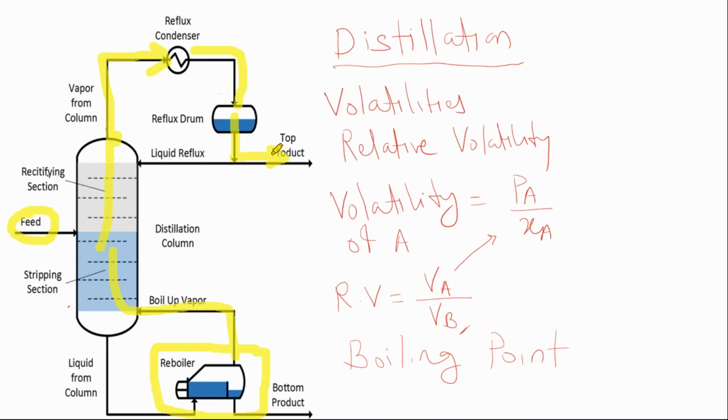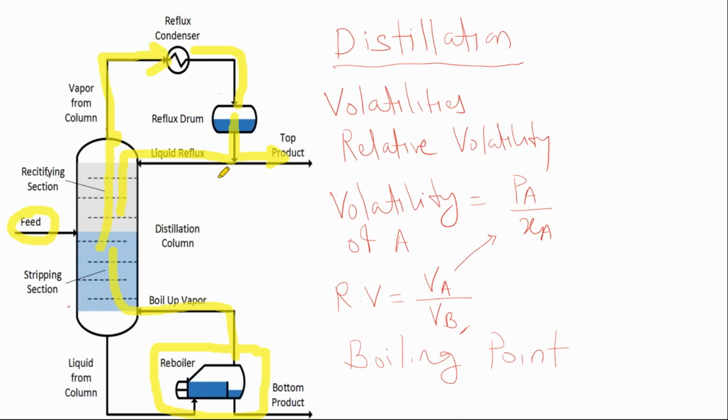If the required purity is not reached in the first cycle, then we can send these liquid particles again to the distillation column, and this liquid coming from the reflux drum and going towards the distillation column from the top plate is called reflux. So depending on our requirement, we decide whether to provide the reflux or not.